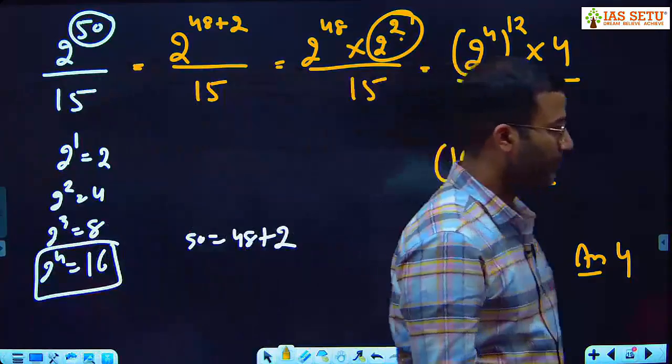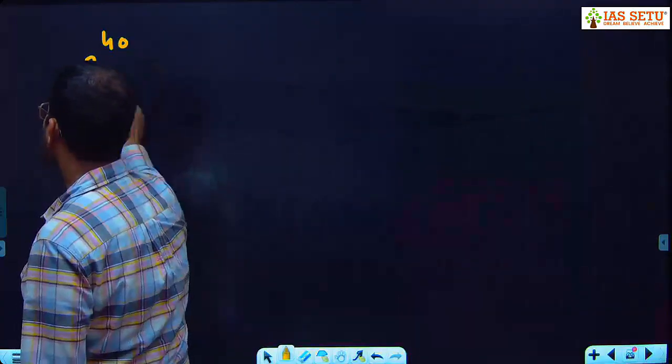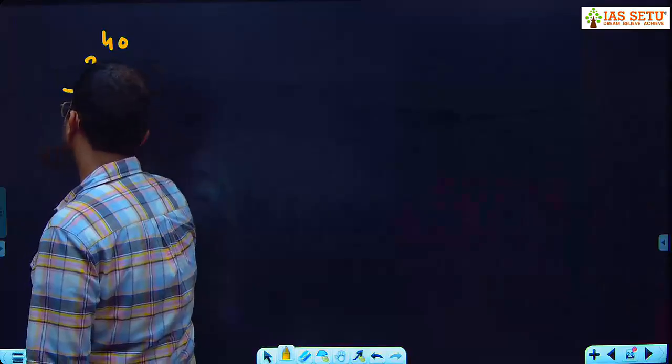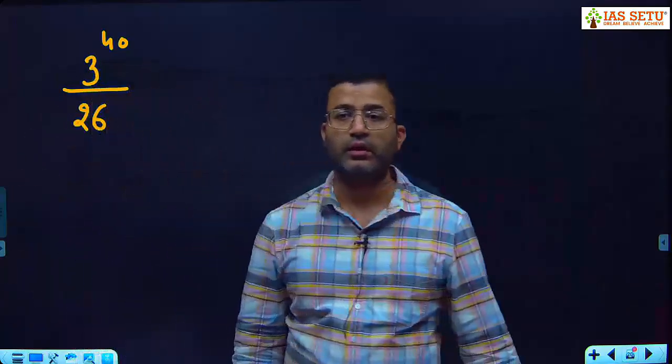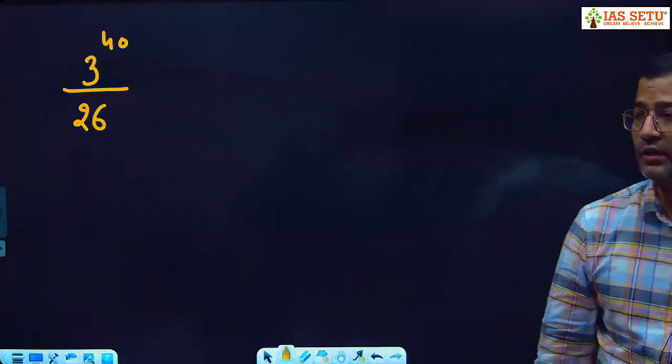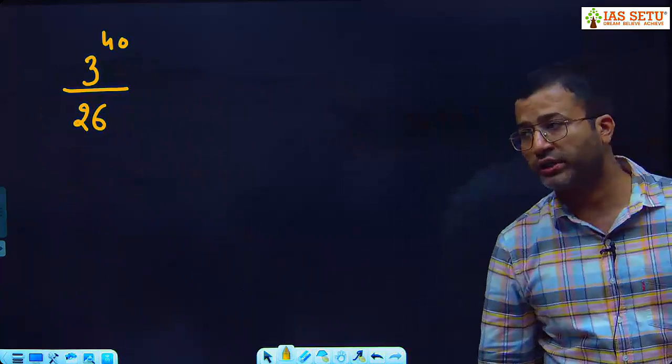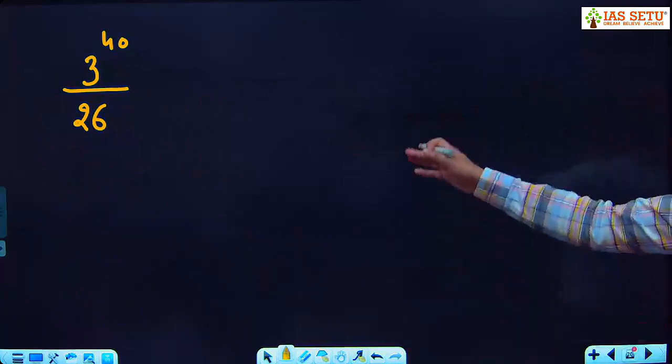One more question. 3 to the power 40 divided by 26. 3 to the power 40 divided by 26. Take your time. Find what is the remainder.